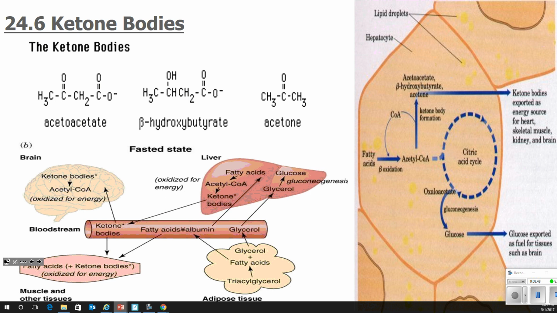So with these ketone bodies, you need to know where they're coming from too. So I don't know if I have that on this slide or not. So ketone bodies can be exported as energy sources for the heart, muscle, kidney, and brain.